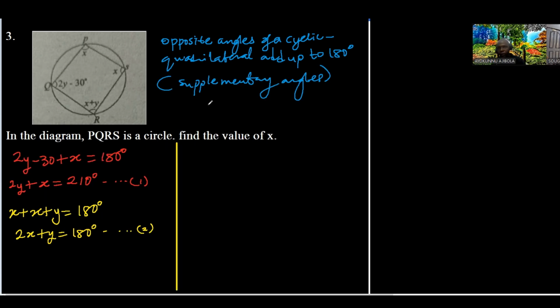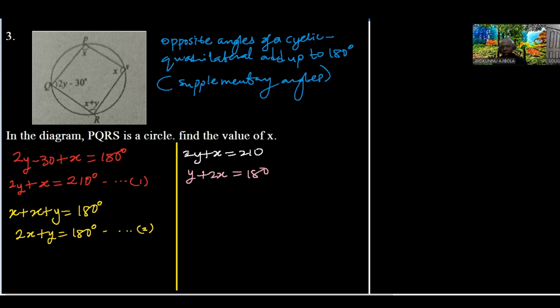So if you have the simultaneous equation, you have the first equation 2y plus x equals 210. The next one is 2x plus y equals 180. I can rearrange them, so that this is going to be y plus 2x equals 180.